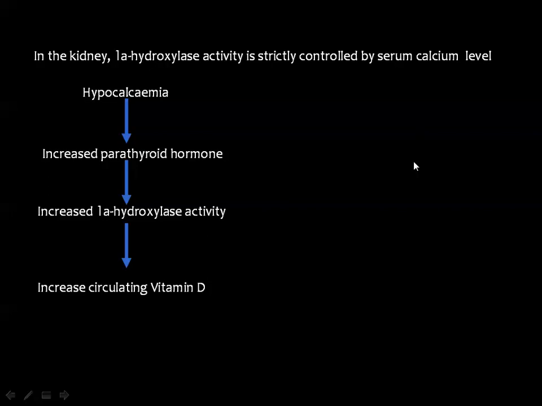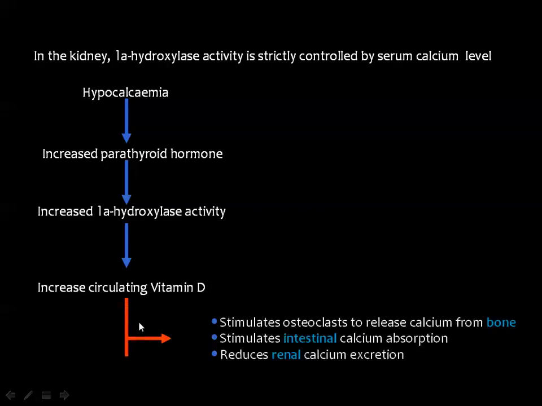Let us look at what happens if there is a decrease in the serum calcium level. What do we mean by hypocalcemia? In cases of hypocalcemia, there is an increase in the production of the parathyroid hormone, and this will increase the activity of the 1 alpha hydroxylase enzyme in the kidney, and this will increase the circulating vitamin D by three mechanisms.